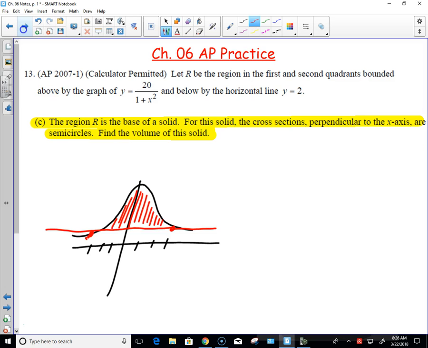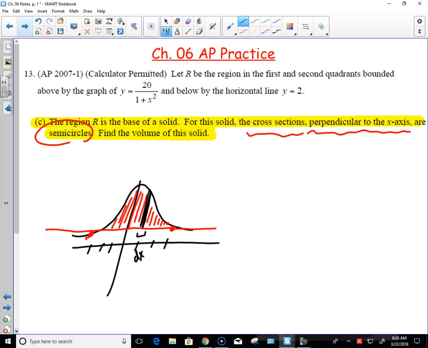What does this problem tell me? Cross sections perpendicular to the x-axis and semicircles. We need all three of those pieces of information. Because it's perpendicular to the x-axis, my sliver needs to go perpendicular to the x-axis. And if my sliver goes perpendicular to the x-axis, what is my thickness of that sliver going to be?